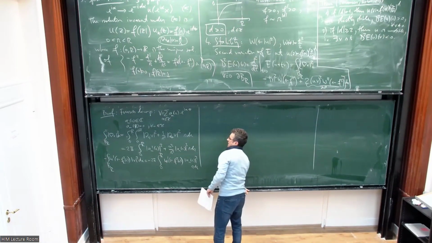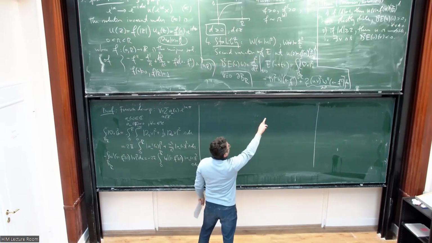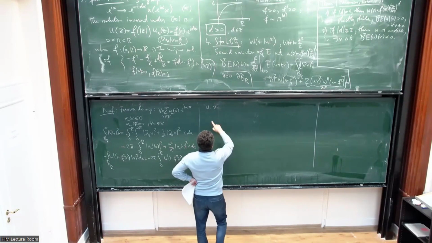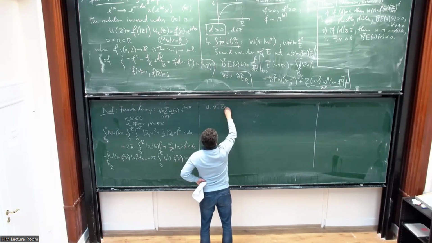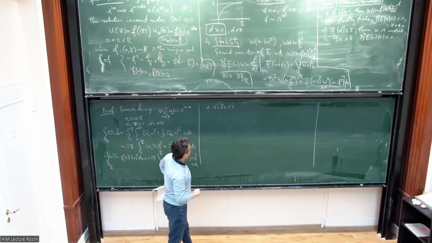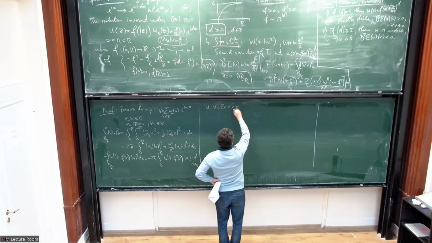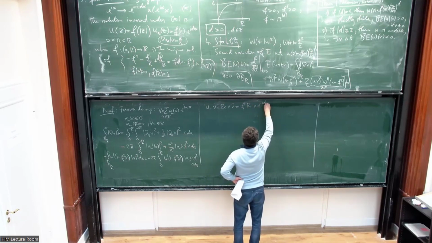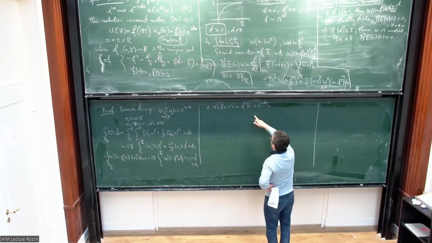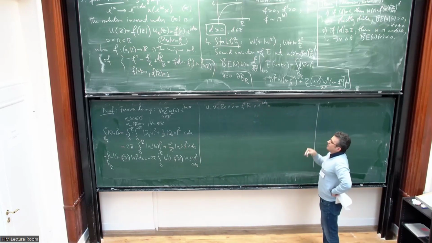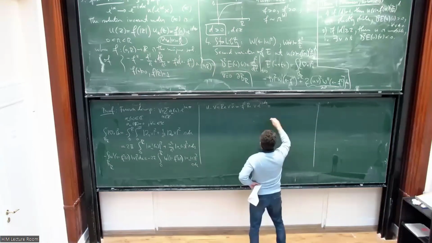So, how do you compute first u times v? What is this? Well, that's nothing but the real part of v u bar. So then this is nothing but f of the real part of v e^{-i d theta}. Now I write that the real part is (z plus z bar) over 2, right?